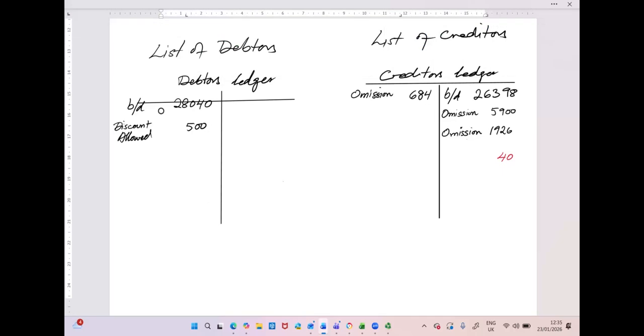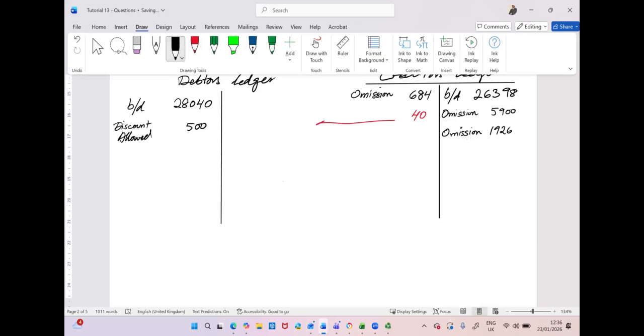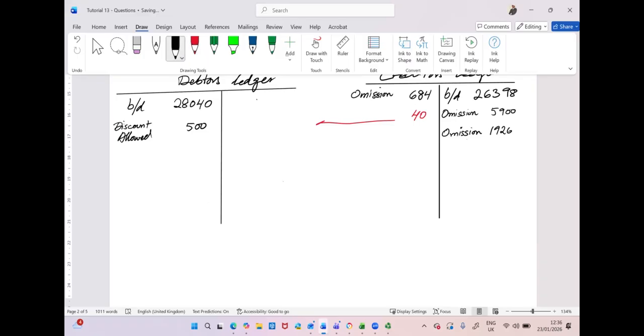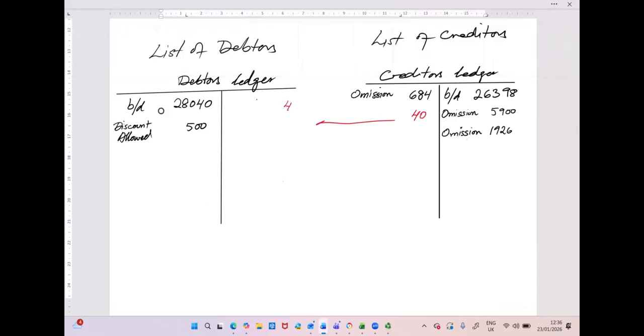That is a mistake. But remember, I'm the manager. I'm not going to record this here again because the 40 is sitting somewhere in the 26,398. All I need to do, as a manager, is debit the individual account, and because this balance should be appearing in the debtor ledger, I should be recording this balance over here, 40, discount allowed.